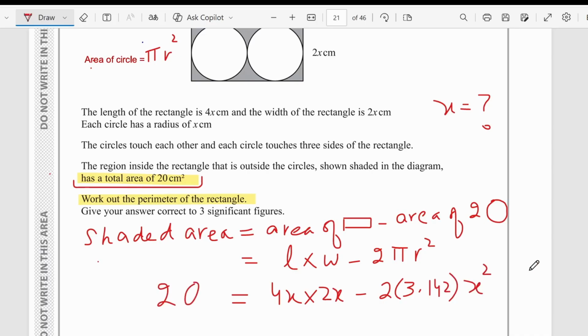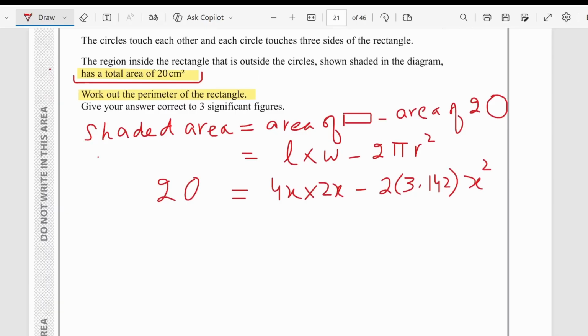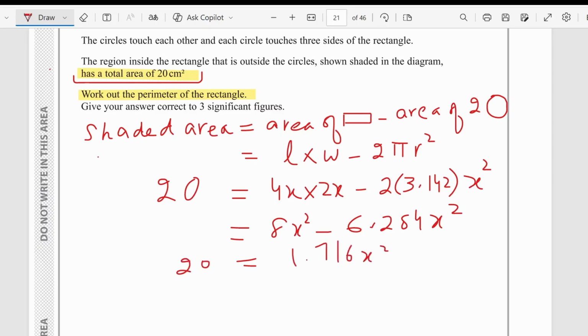The shaded area is given to us, that is 20 centimeters squared. When we simplify, this would be 8x squared minus 6.284x squared. If we subtract both, we'll have 1.716x squared, equal to 20. Since it's multiplying, it will divide on the other side.